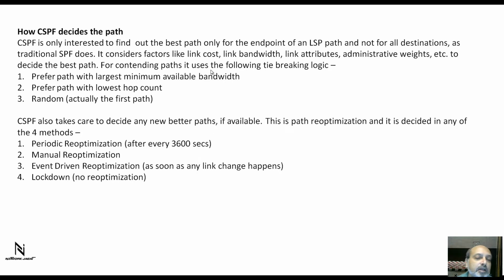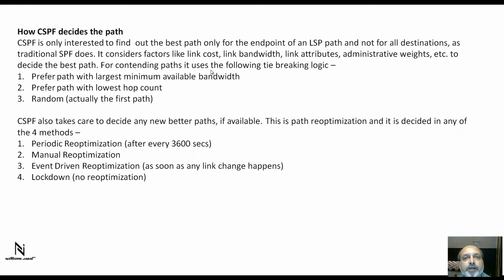Right. So as CSPF has SPF inside its genes, inside its bloodstream, definitely it will always be eager to find out if any other new path is coming up with better attributes, isn't it? It is always eager, always on the lookout, just like a traditional SPF.